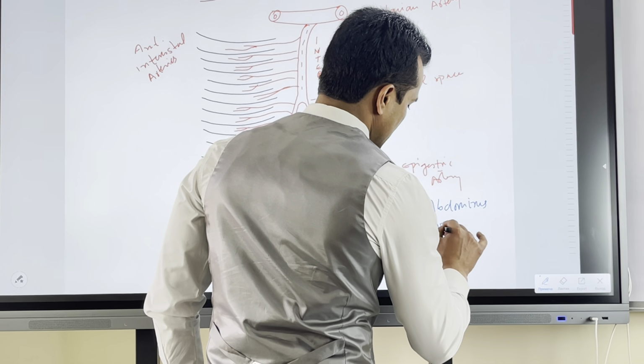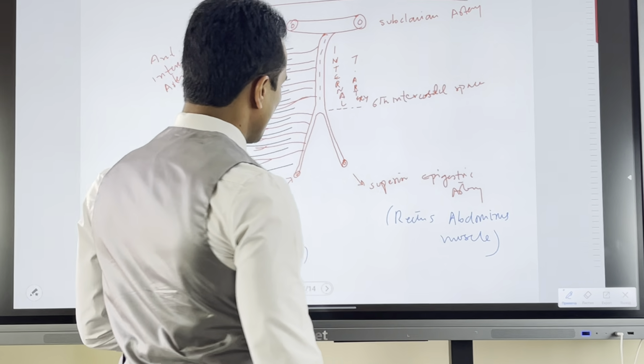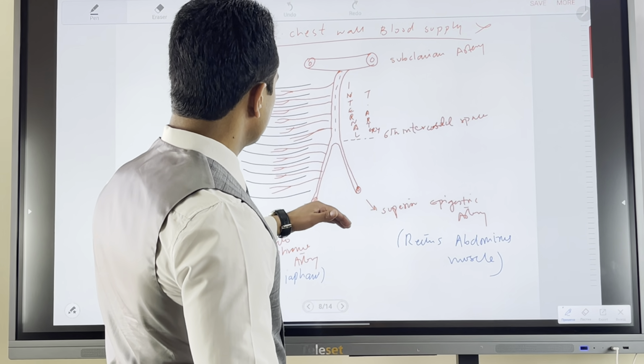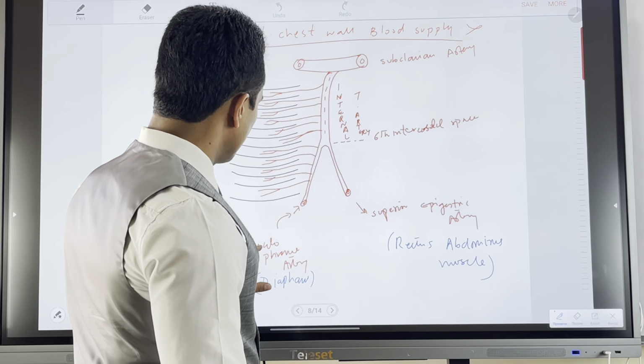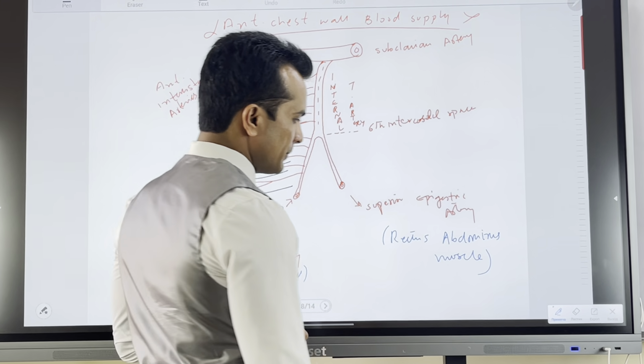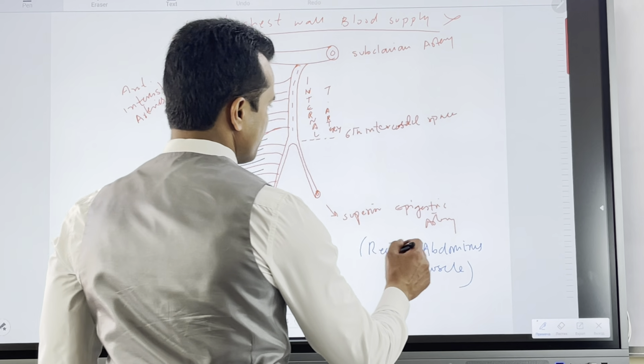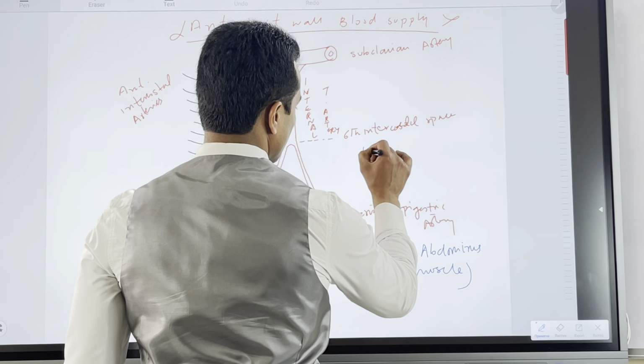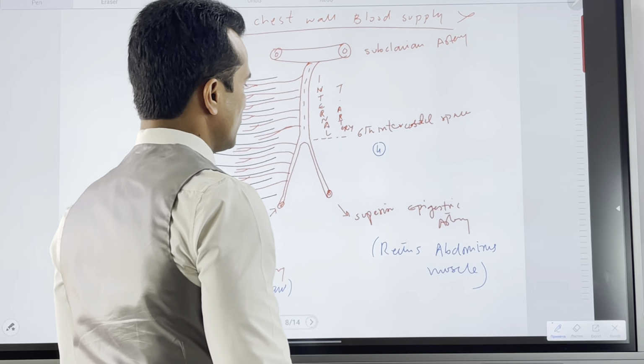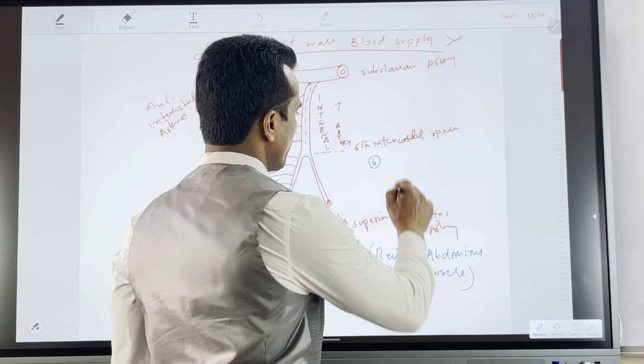So how many branches of the internal thoracic artery have we discussed? Anterior intercostal, musculophrenic, superior epigastric artery, and the next, fourth branch of the internal thoracic artery you can write, is the perforating artery.